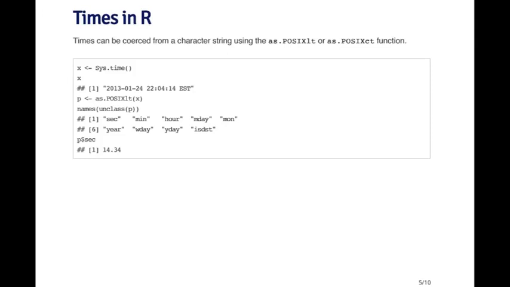So you can convert this to a POSIXlt using as.POSIXlt. And POSIXlt, remember, is underlying a list. So you can look at the names of the elements in this list if you unclass it. And you can see that there's an element called seconds.